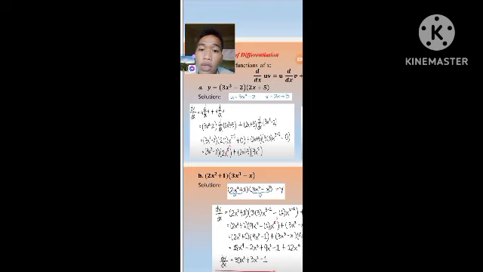But 2x to the 0 is, diba, x raised to the power of 0 is 1. So it becomes 2. So 2x to the 0 is 2 na siya.